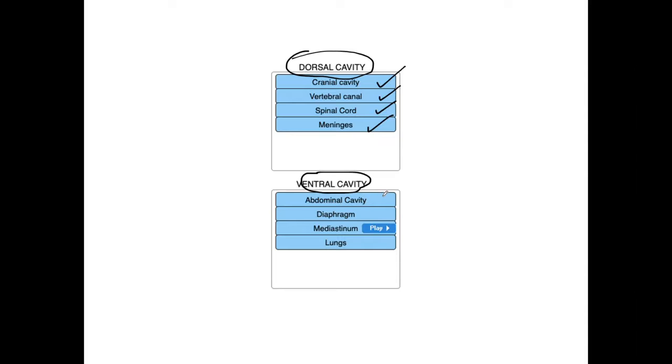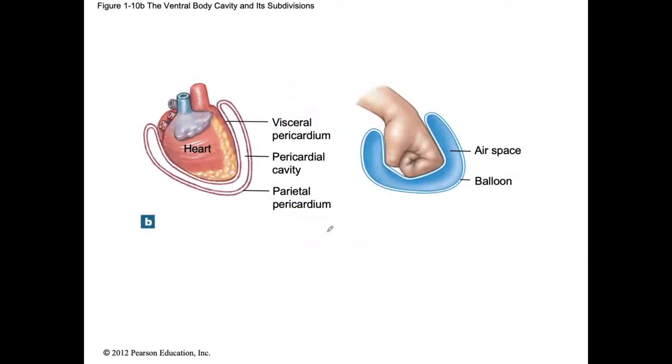In the ventral cavity in the front, you got the abdominal cavity, you got the lungs, you got the diaphragm, and an area called the mediastinum, which is the region between the lungs and the heart. That's the mediastinum, between the heart and the lungs.